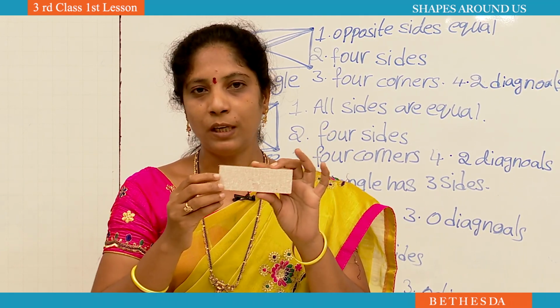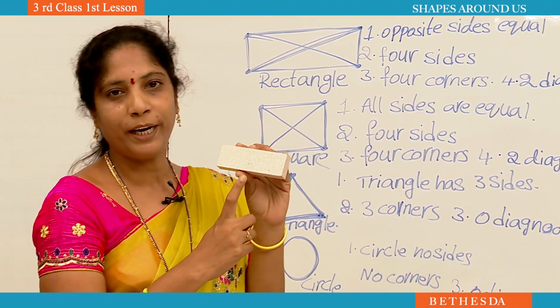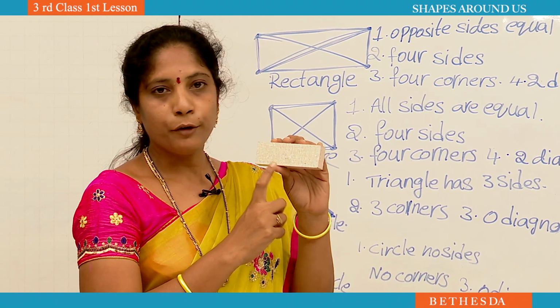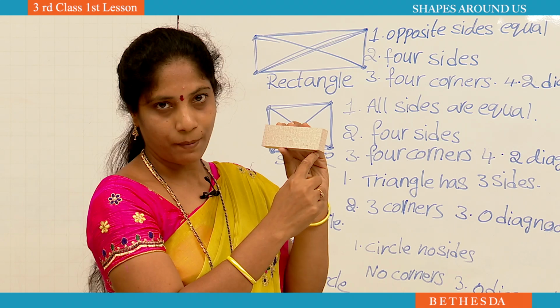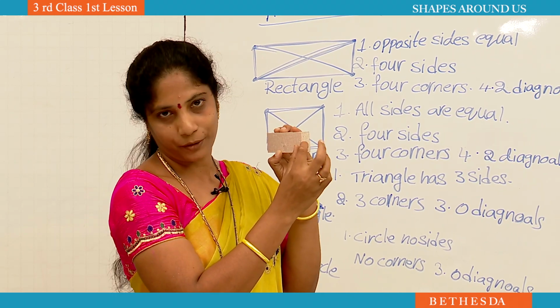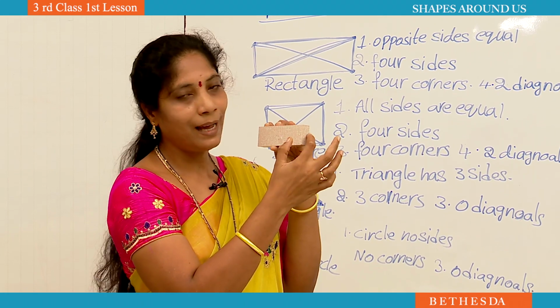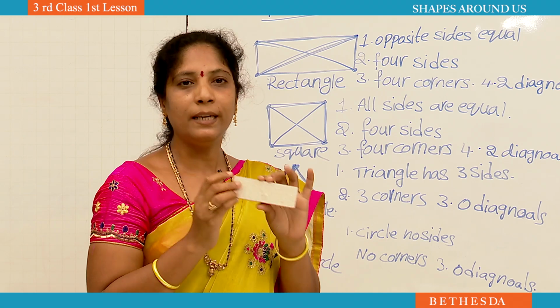This is a solid shape. What is the difference between a rectangle and a cuboid, you may ask. If you observe, a rectangle has only 2 sides, length and breadth. But a cuboid has a third one also, that is height. Length, breadth, height. This is the cuboid. It is a solid shape.